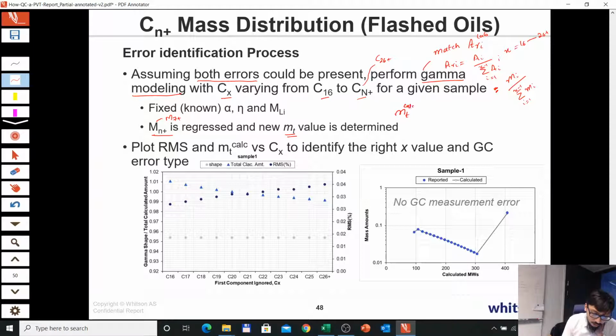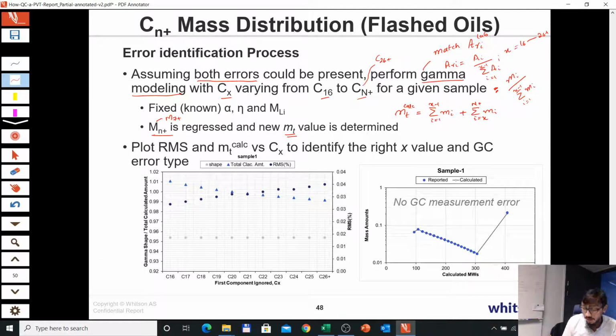That will be the calculated mass, which will be the sum of all masses from i equals 1 to x minus 1, and then we have the sum of mi values, i equals x to n plus value.